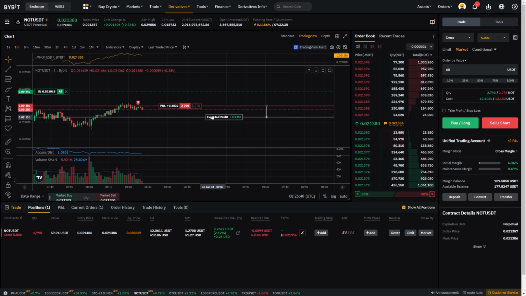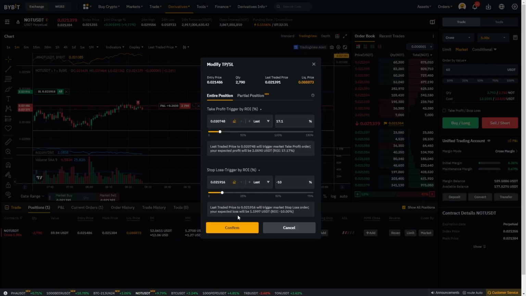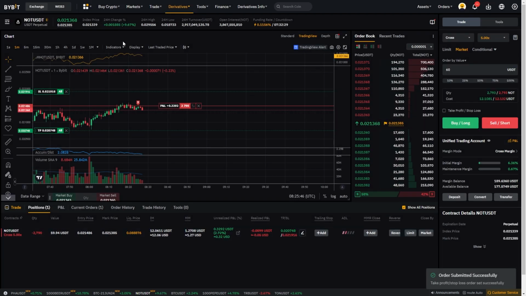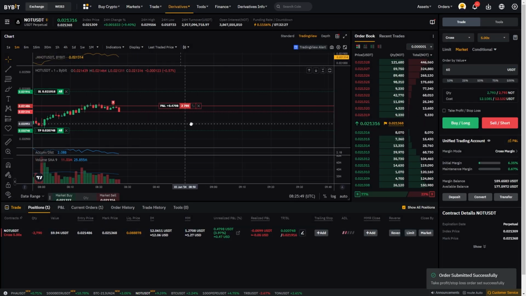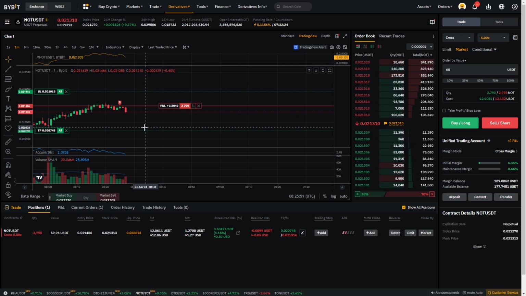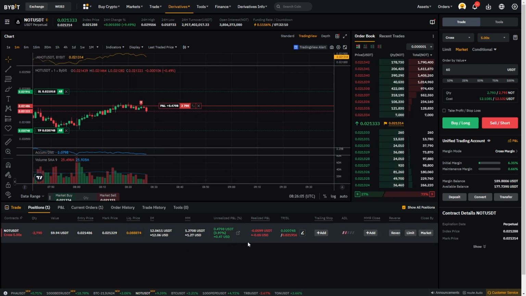Let's say that the price falls down to here, our deal will be automatically closed. We have now put the deal on short. If the price rises, we will close the deal on stop loss. If it falls to this value, it will close on take profit. Everything is very logical. If we opened in long, it would be the opposite.